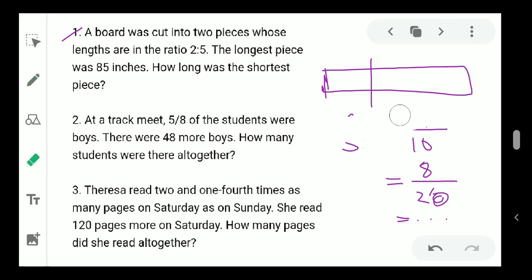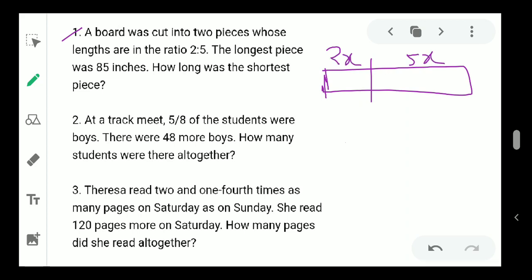So what I can do here, I can think that this piece is actually 2x and this piece is actually 5x. So x is a number that was actually multiplied with those numbers, that means 2 and 5, so that after taking the ratio and after simplification, x and x got cancelled and we got 2:5.